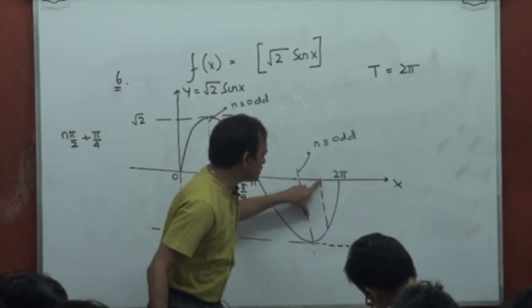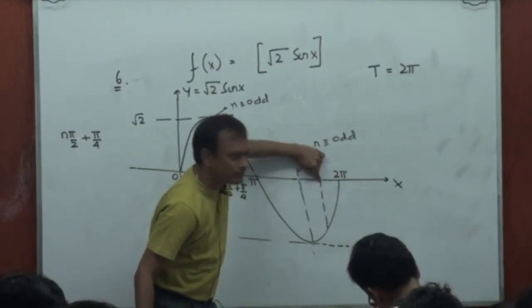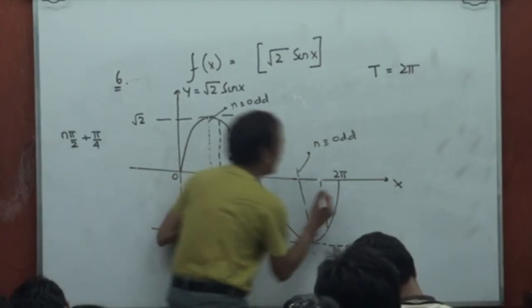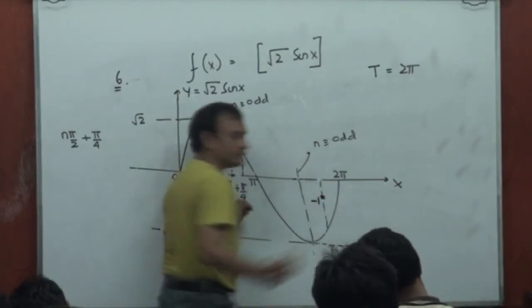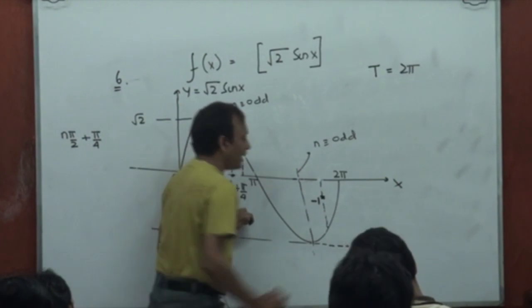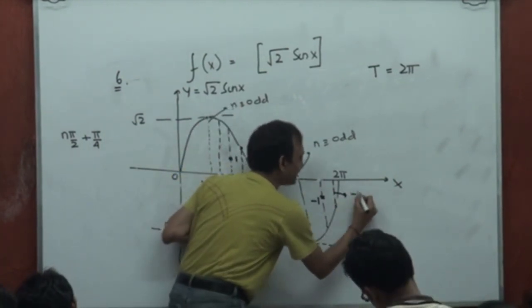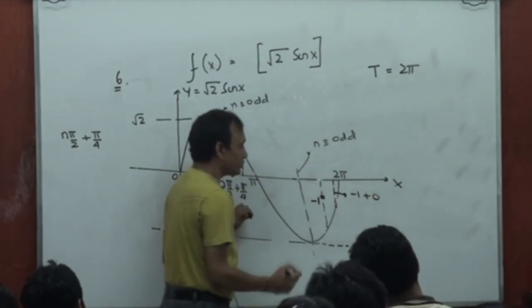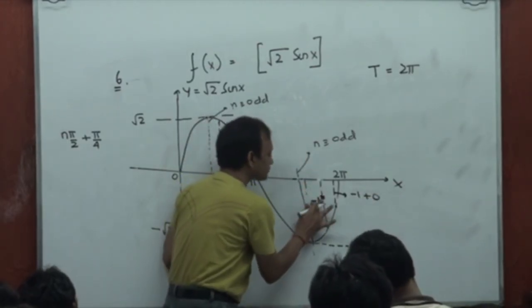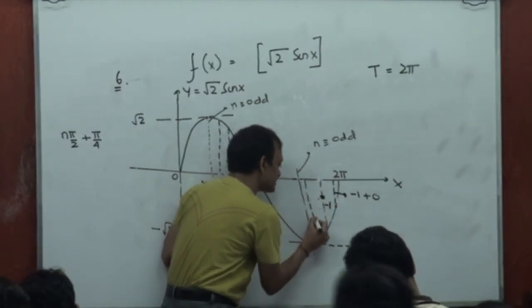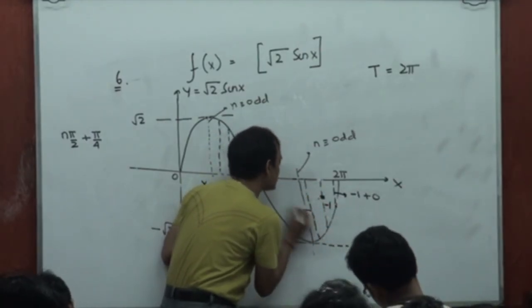As far as this is concerned, this also is n pi by 2 plus pi by 4, and here it assumes a value minus 1. To the right of this, it's slightly greater than minus 1. To the left of this, it's slightly less than minus 1.